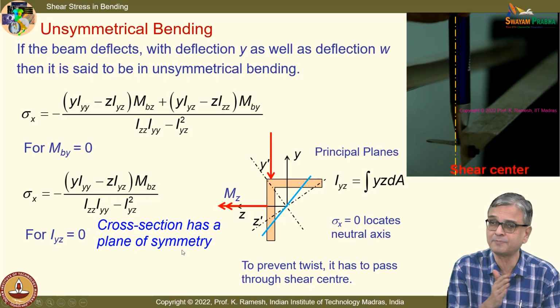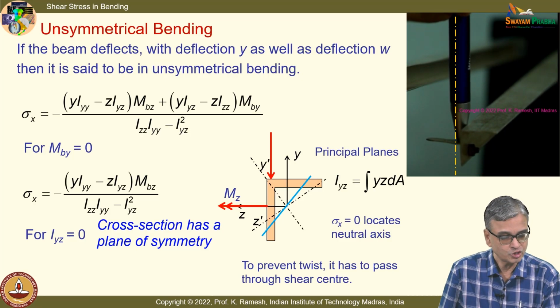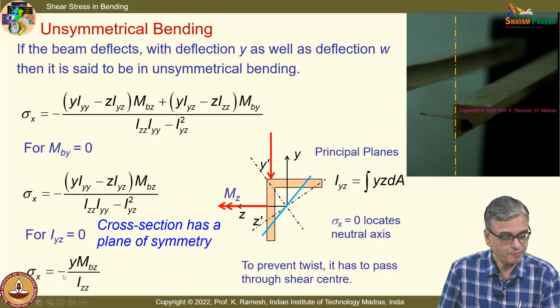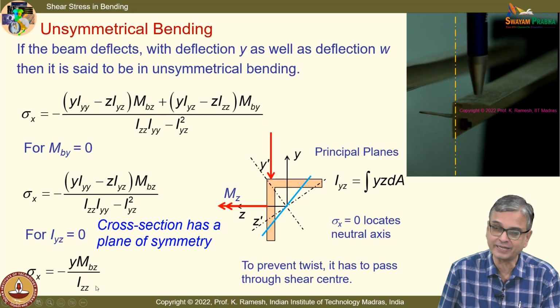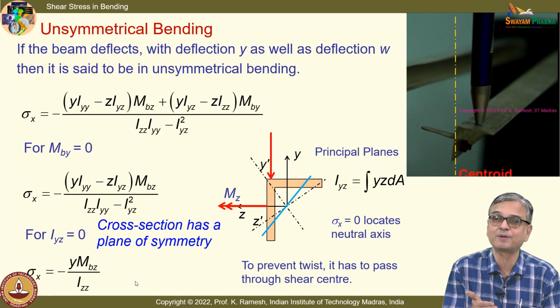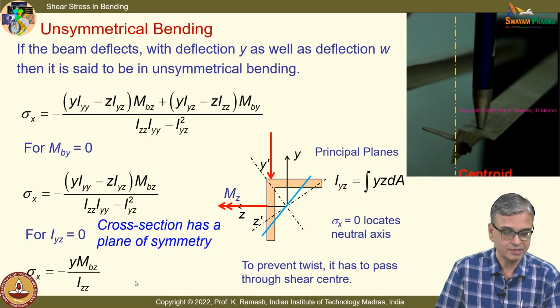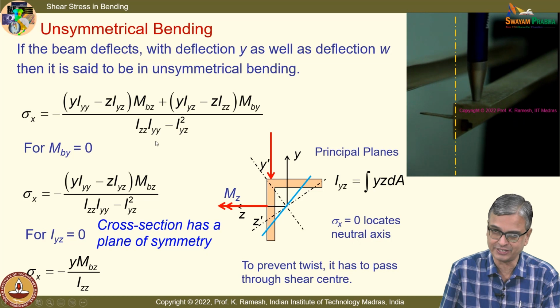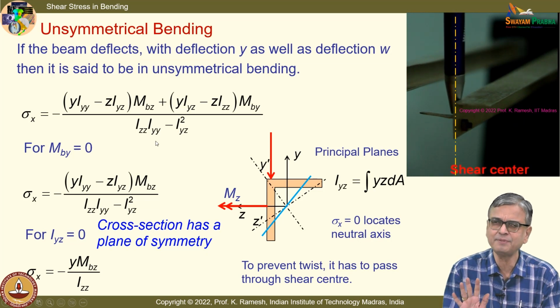We have seen multiple cross sections. So, when I substitute this, I get minus y MBZ divided by Izz. In fact, this is what we developed as part of our flexure formula. So, this indirectly confirms that the expression can be correct.